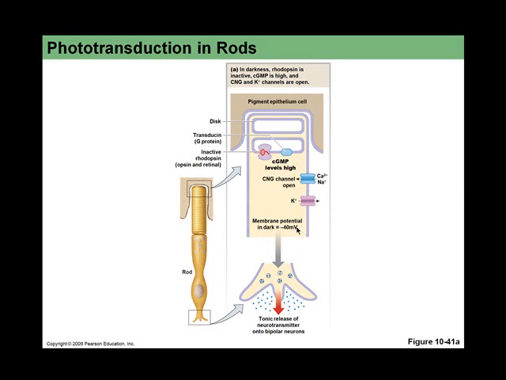So the closer to minus 40, they're not going to fire action potentials, but it is closer to what we might think of as a threshold to activate the voltage-gated calcium channels here, so that there is a tonic release of neurotransmitter onto the bipolar cells. So it gets kind of tricky for vision. Without light, there's transmitter release.